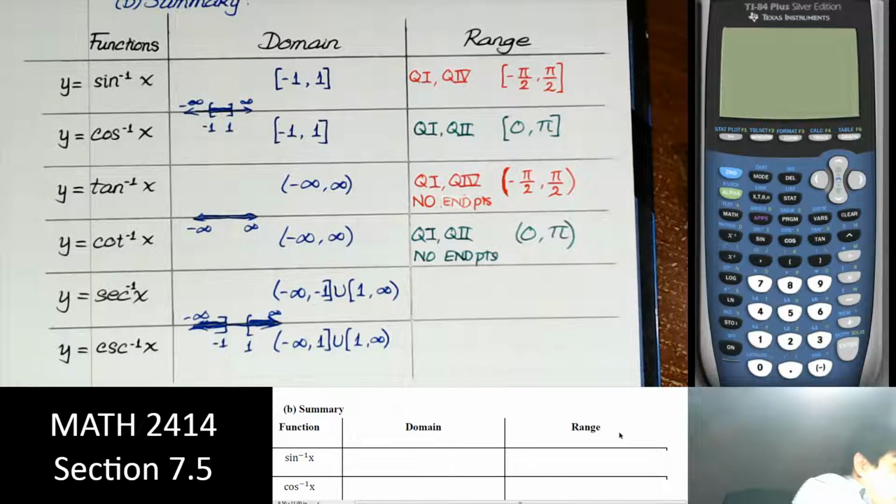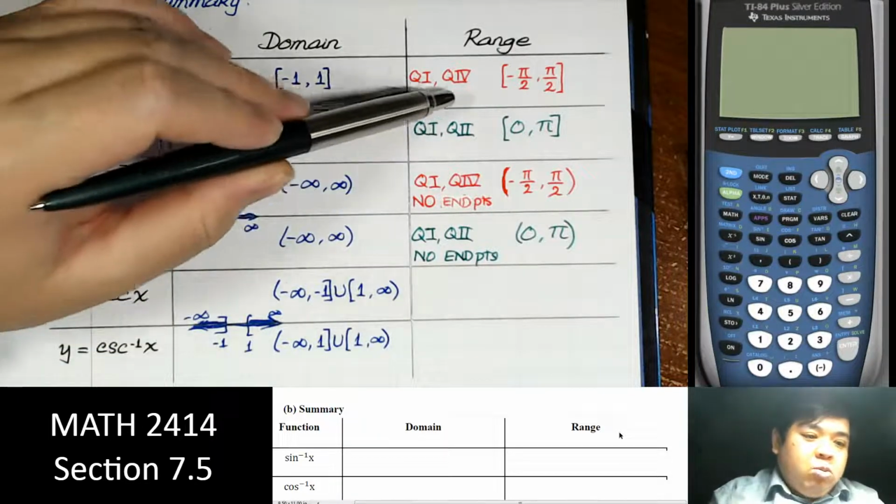Sorry, I have a question. So this is quadrant 4, right?